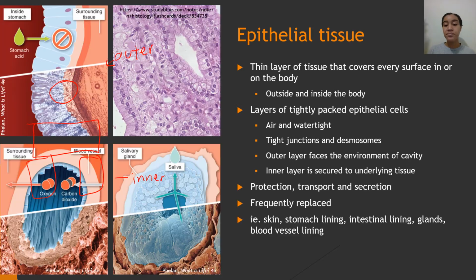So epithelial tissue can play a couple of different roles. It can play roles in protection, obviously. We talked about how skin protects our bodies, as well as how the epithelial tissue that makes up the gut helps to protect the rest of your body from your stomach acid. So this one is an example of that.